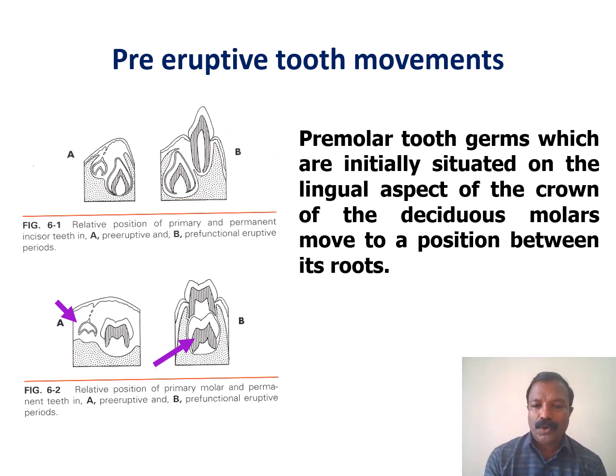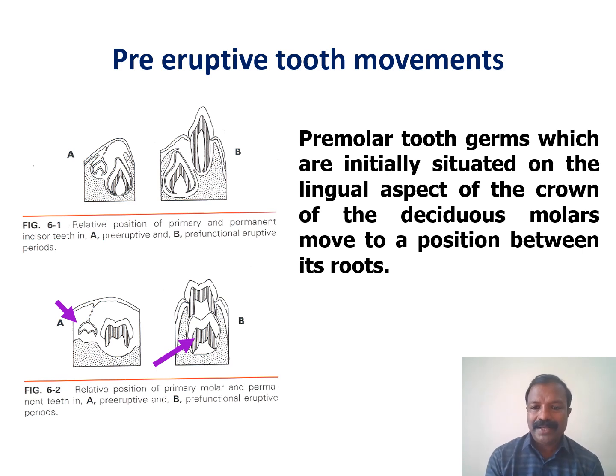Whereas for the non-succedaneous teeth, in case of permanent molars, the maxillary molars initially develop within the tuberosity region, and its occlusal plane is faced distally. Later on, as jaw growth continues, it will be repositioned through its movement, and the occlusal surface is facing towards the occlusal plane.